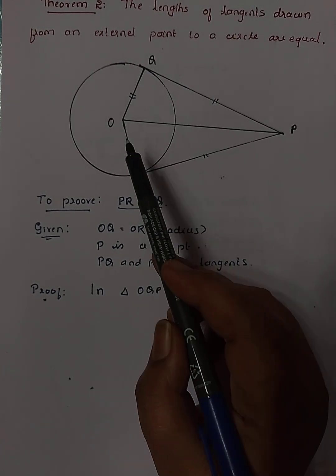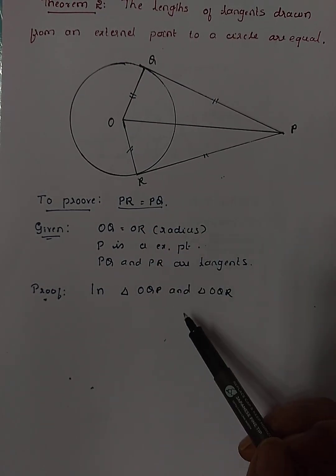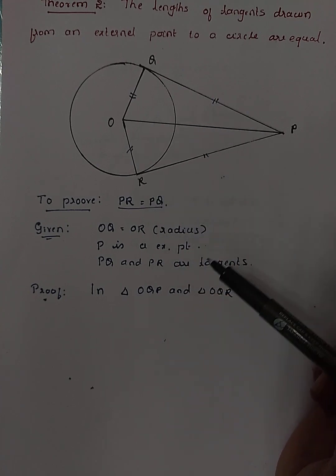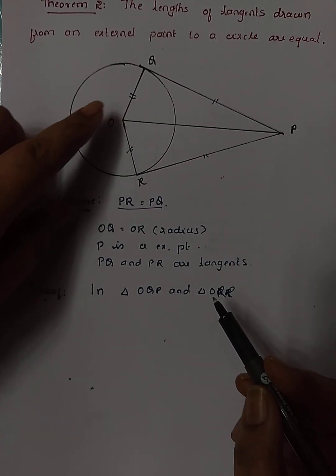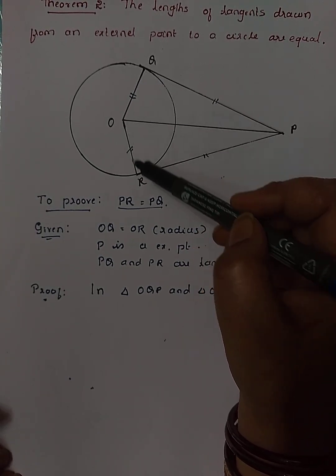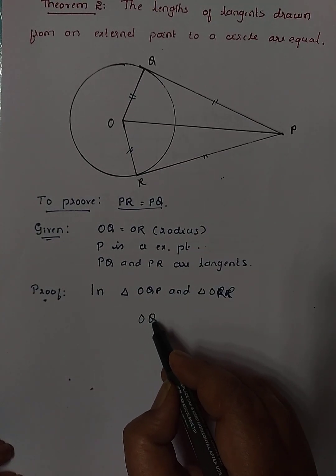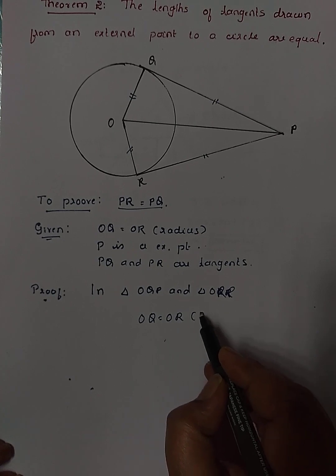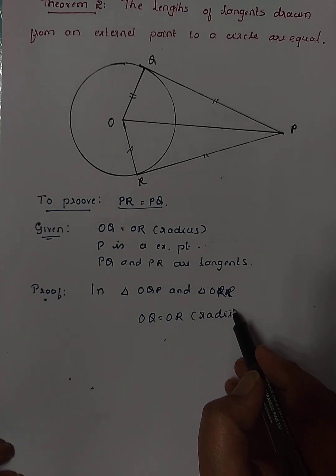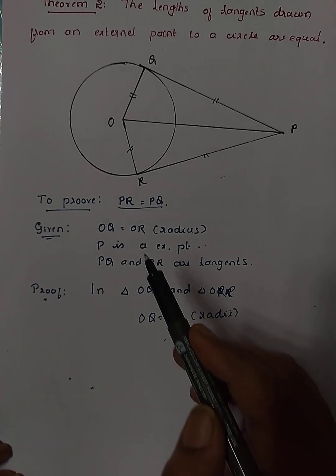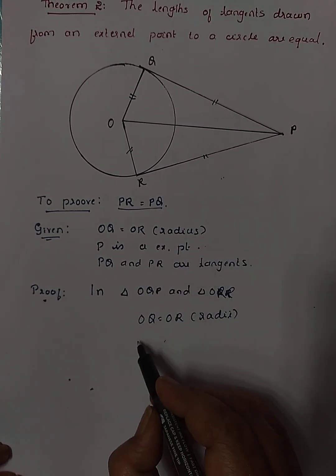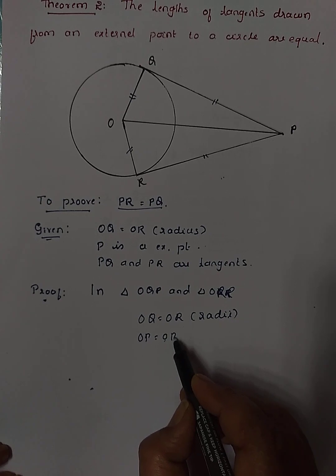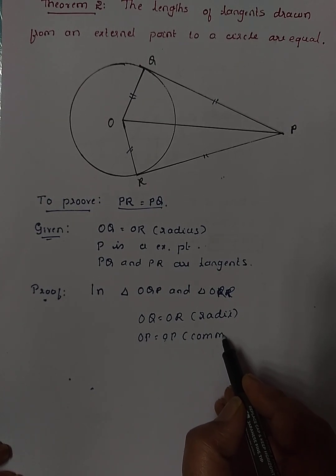In triangle OQP and ORP, OQ equal to OR, because these are radii of the circle. Next, OP is a common side to both triangles. You have to write common side.